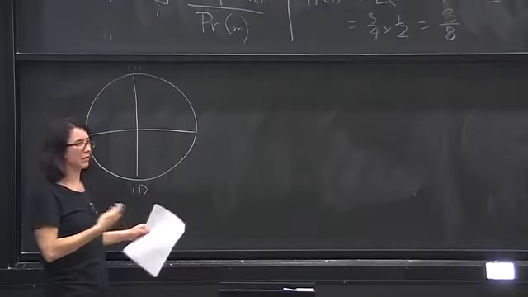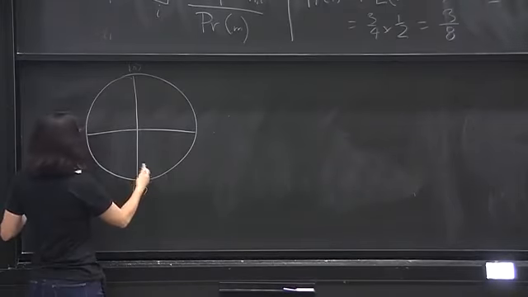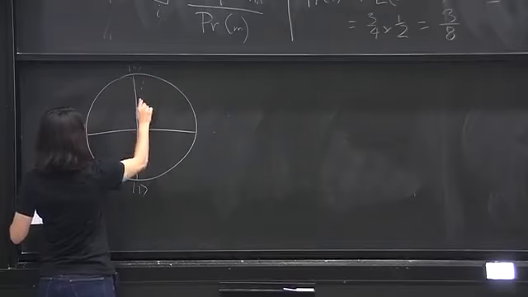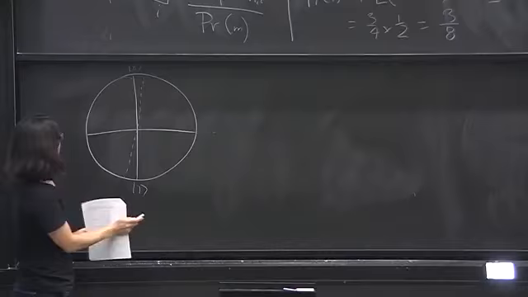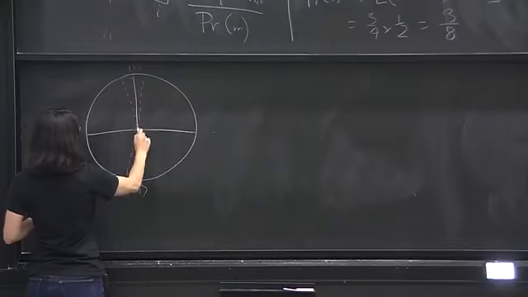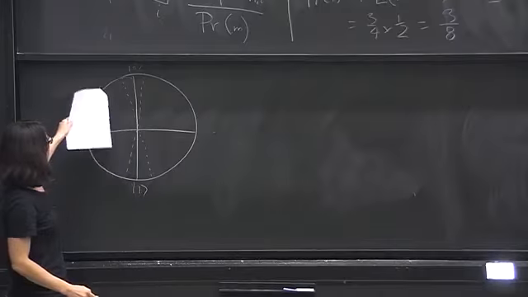But just to make things simple, I only want to consider 2 possible fluctuations. So imagine one of the fluctuations corresponds to this perturbation that makes me measure in this axis by accident, and the other one corresponds to a measurement in this axis.